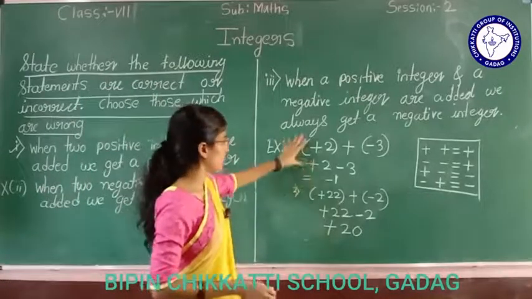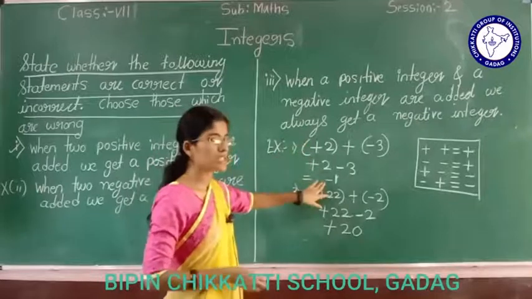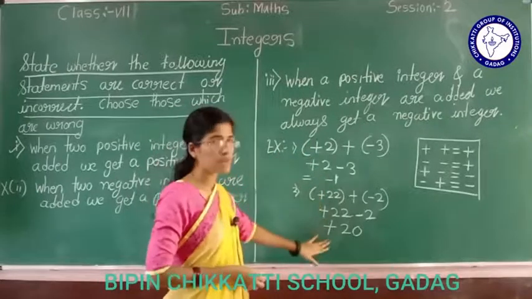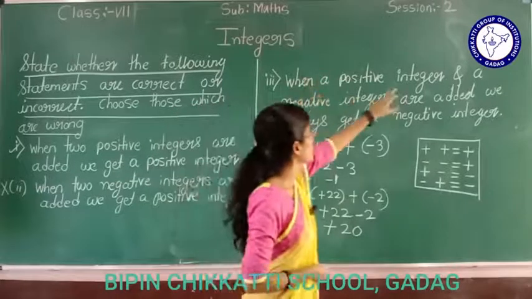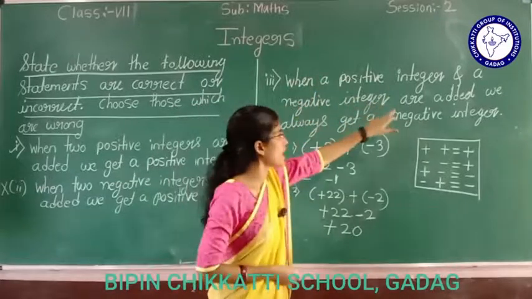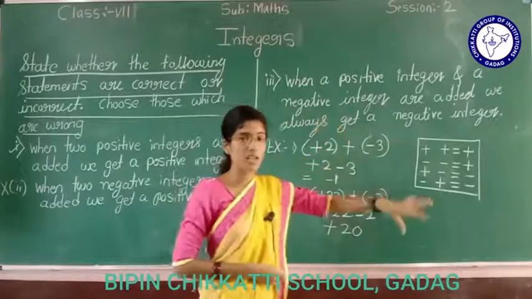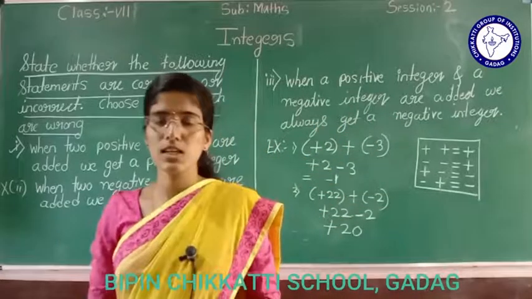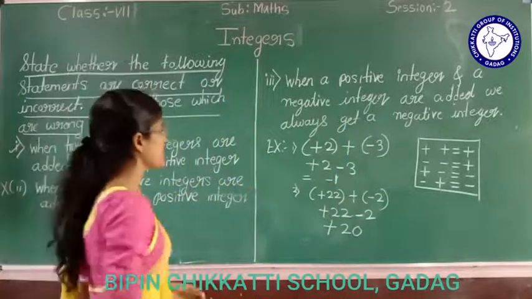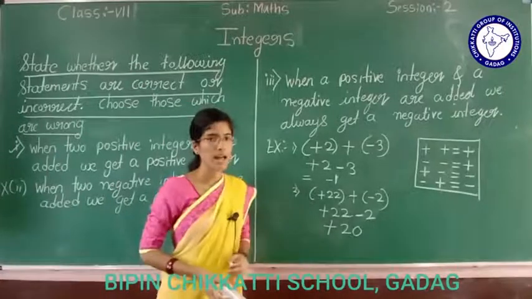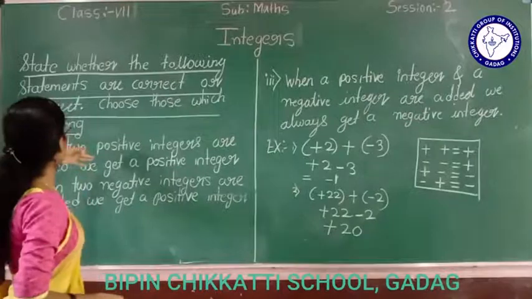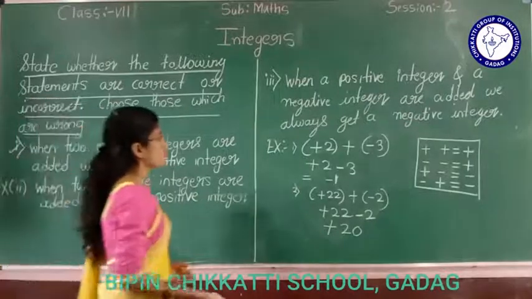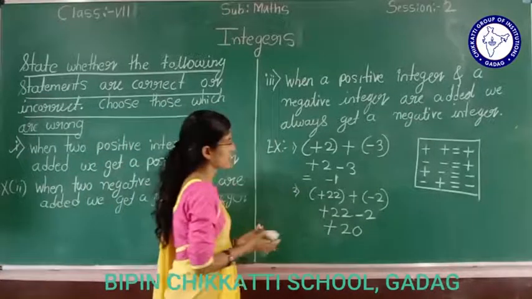See here, for this example minus 1 is coming, and for this example plus 22 is coming. But what they have written here is, when a positive integer and a negative integer are added, we always get a negative integer. No, this is wrong. This is incorrect. I gave you the example. Choose those which are wrong. Here this is incorrect.